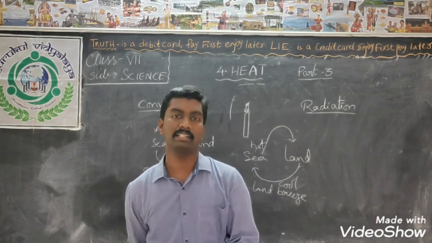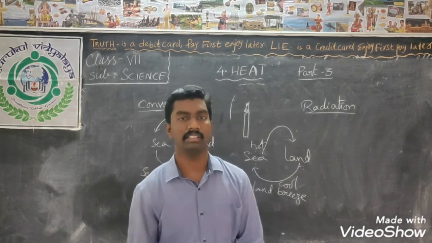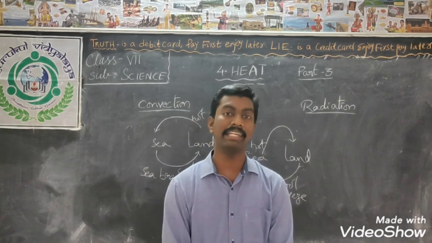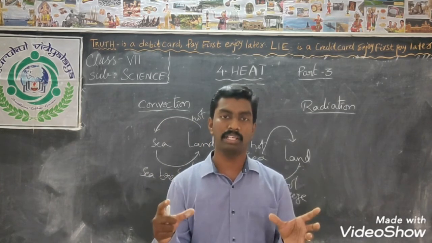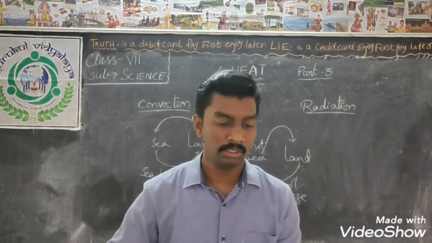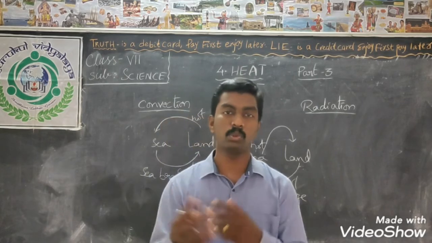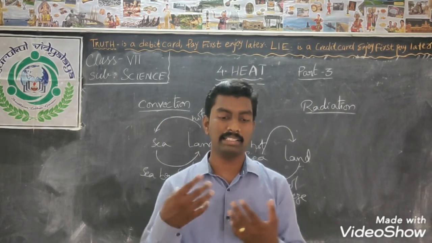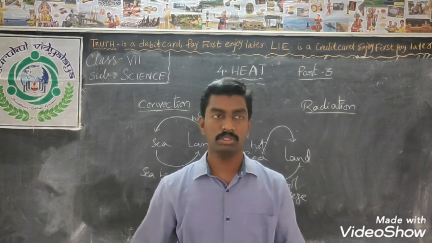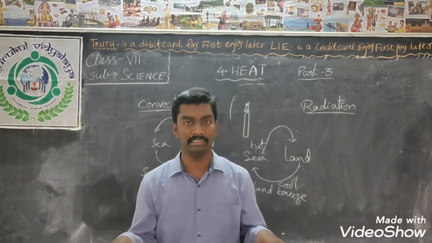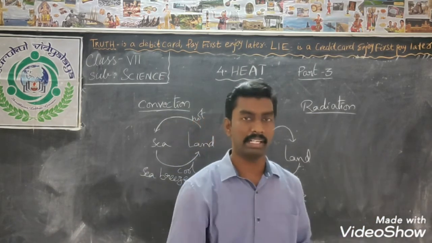To understand that, there is one activity. Take two identical tin cans. You can check in your textbook, figure 4.12. One is coated outside with black color and the other with white color. Fill some water in both tins and place them in the sunlight.